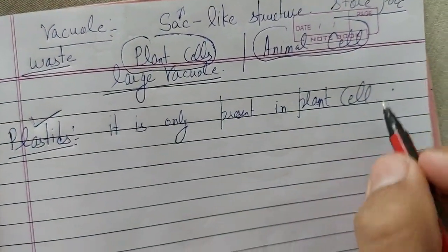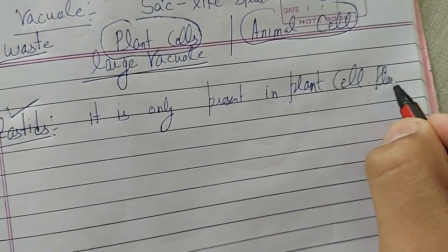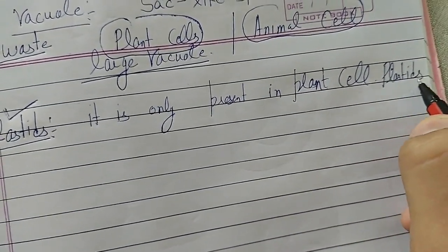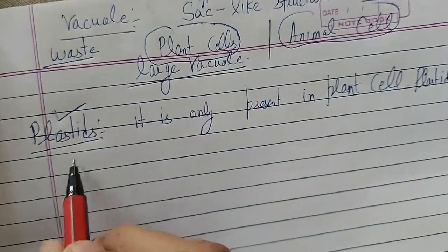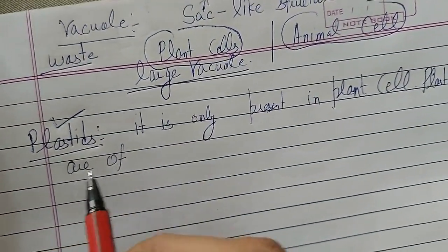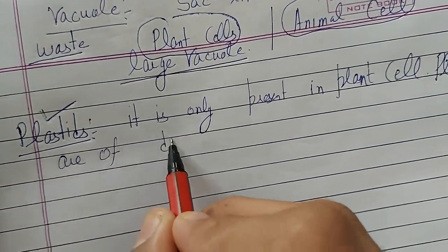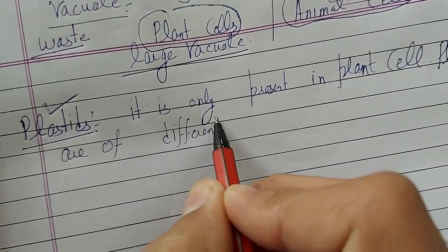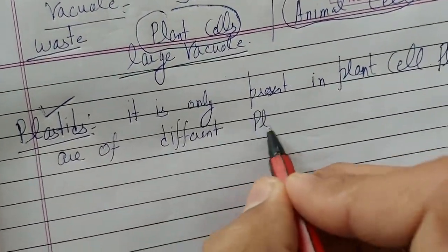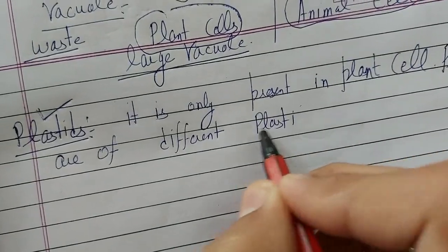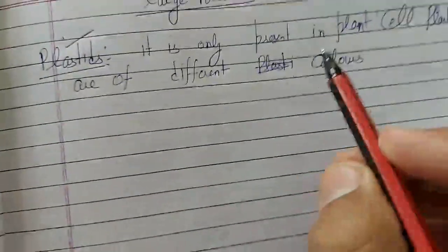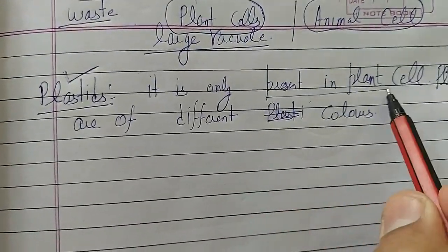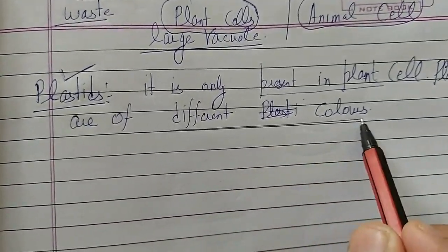Okay, so plastids are also of different colors. First point is that they are present in plant cells and they are of different colors.